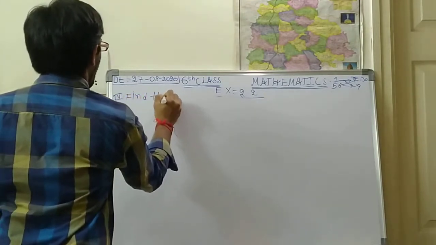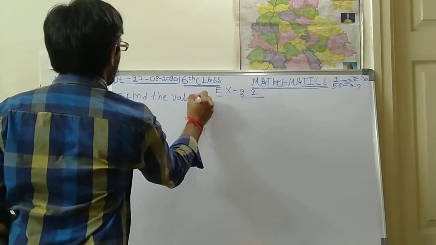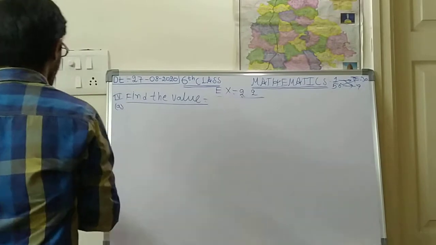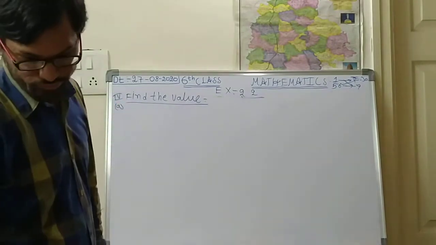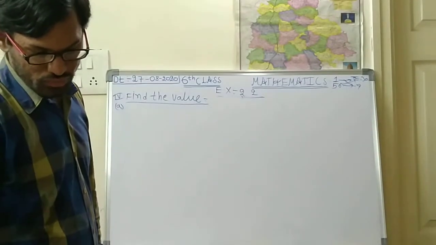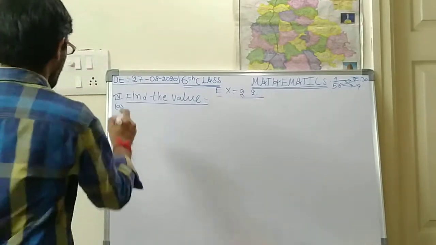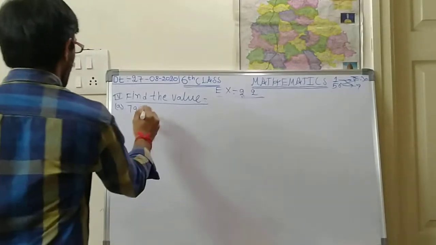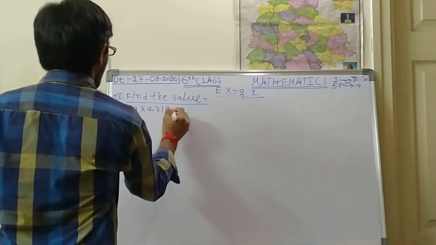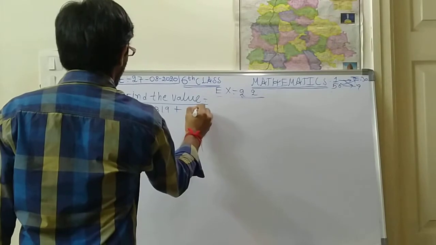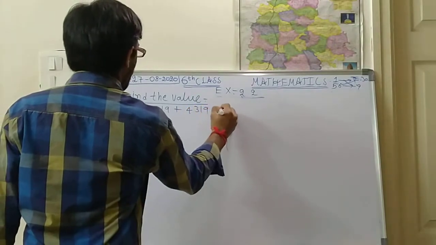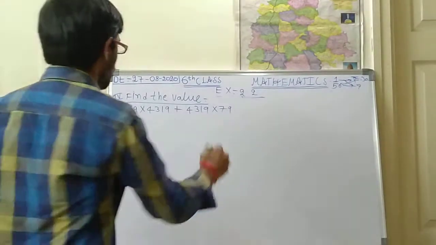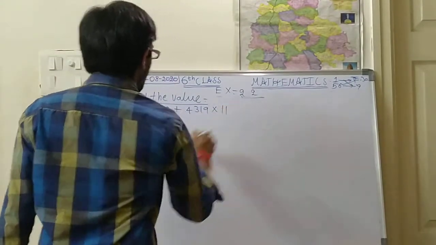The first one is 79 into 4319 plus 4319 into 79... 4319 into 11.